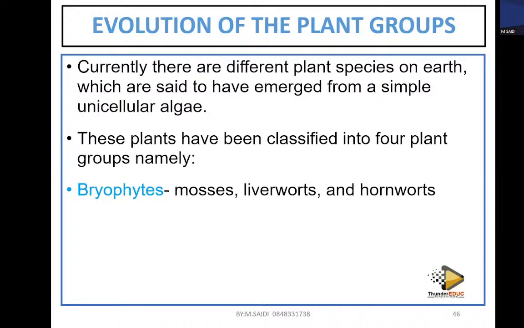Let's see some of the pictures as we continue. The next group is the pterophytes, or pteridophytes. An example is ferns. We find these plants most especially in thick forests, not just mere forests.